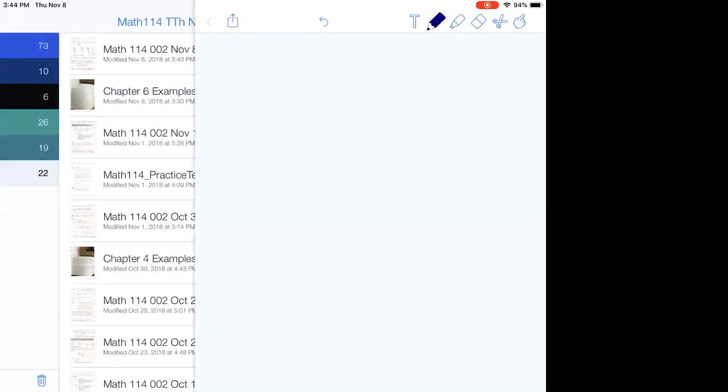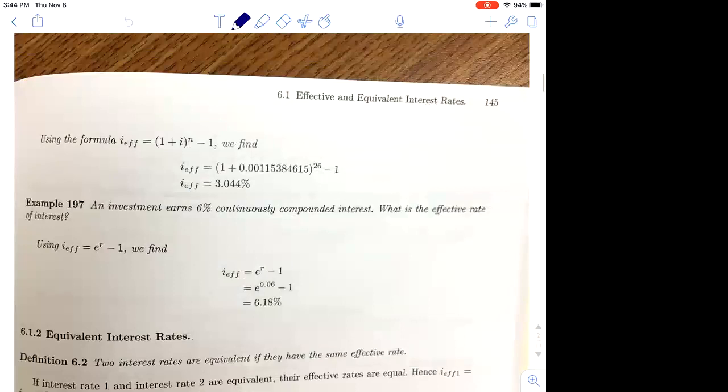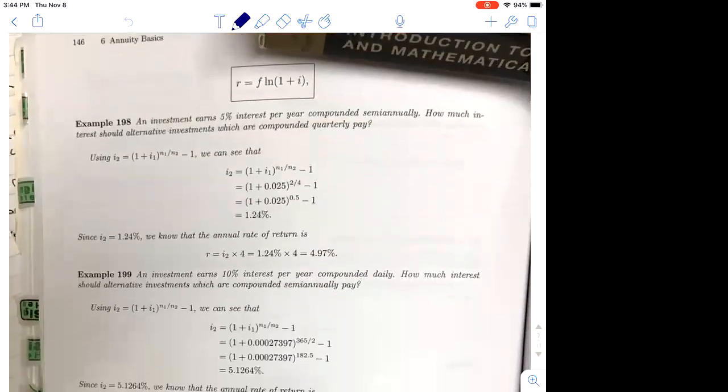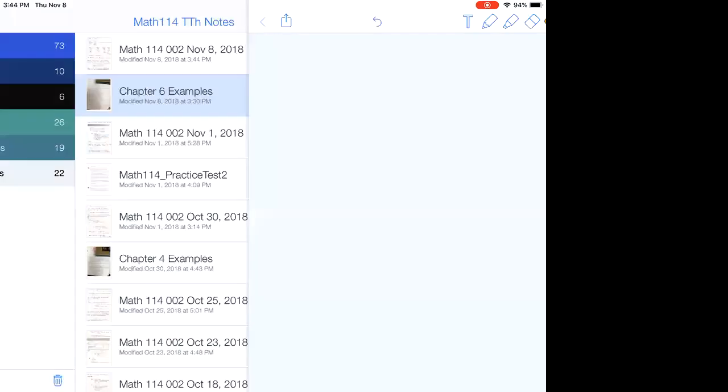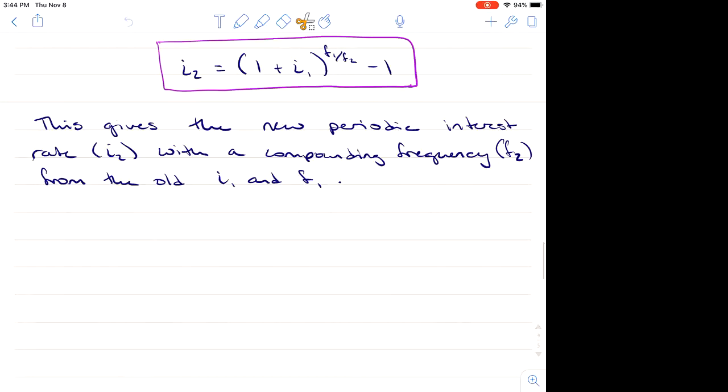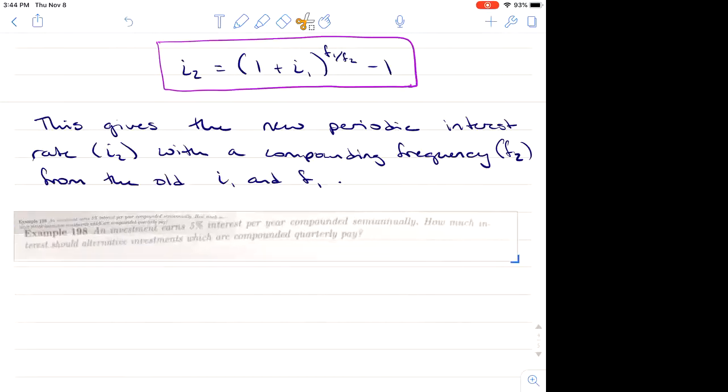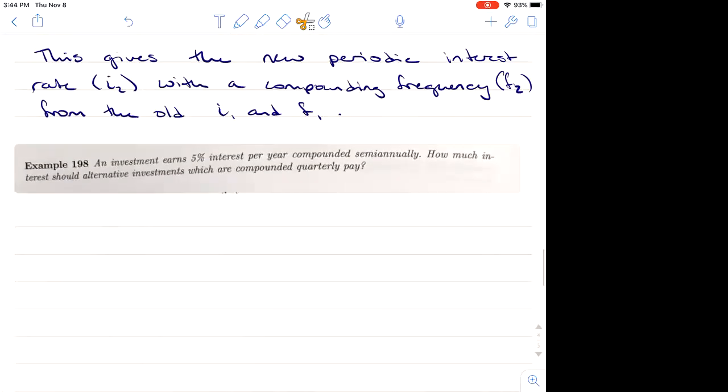All right. Let's do a little example. 198. An investment earns 5% interest per year compounded semi-annually. How much interest should alternative investments, which are compounded quarterly, pay?